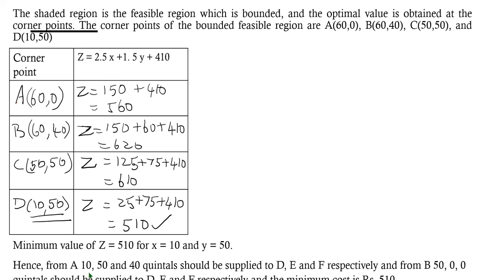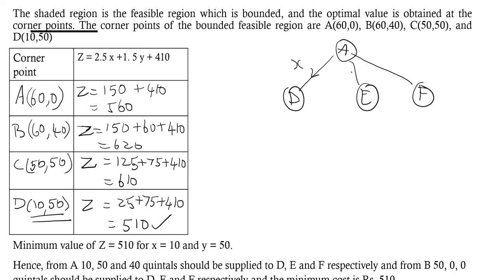Hence, you remember the diagram, from A to D, E and F. From A, x quintals should be transported to D, y quintals to E and 100 minus x minus y quintals to F. So from A, 10, 50 and 40 quintals should be supplied to D, E and F respectively.